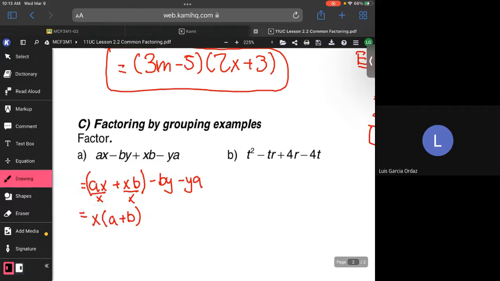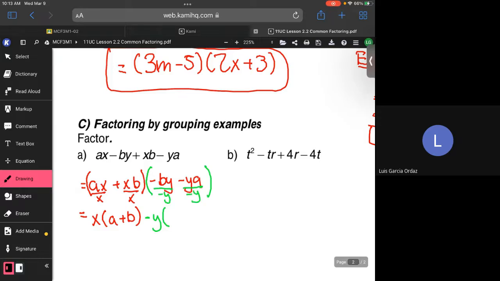Now, we're going to focus on my second bracket. So it's going to have negative by and negative ya. So what is the common factor between those two terms? Y and what else? Yep, negative y, because the negative is in front of both terms. So I have to divide everything by negative y.